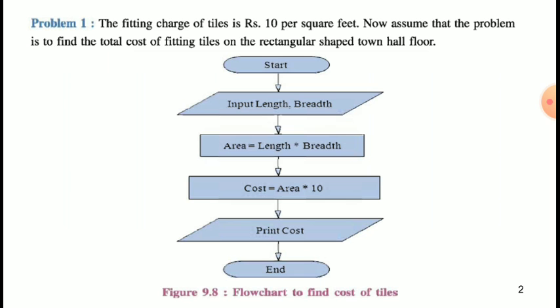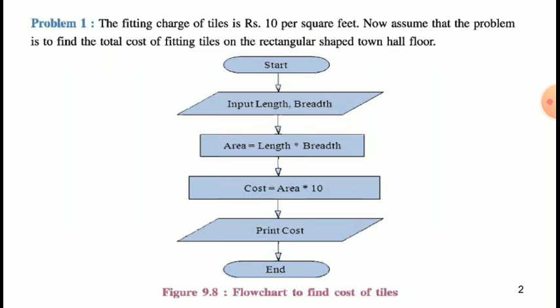First problem: the fitting charge of tiles is rupees 10 per square feet. Now assume that the problem is to find the total cost of fitting tiles on the rectangular town hall floor.